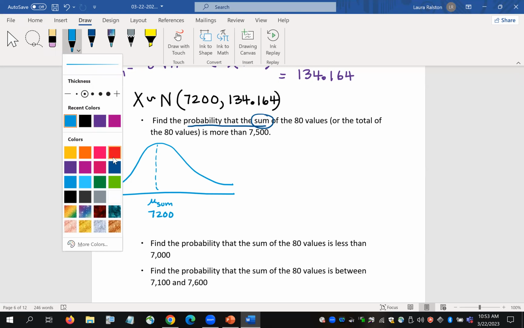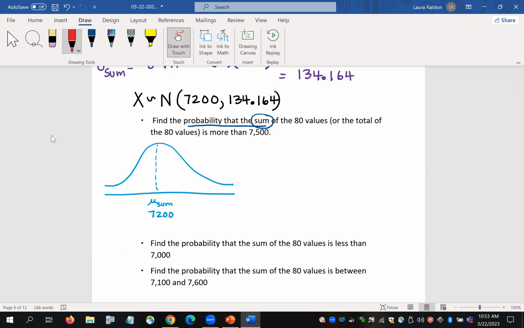I'm asked to find the probability that it's more than 7,500. More than would be the region or the area to the right. So notice, again, I'm out here on the right-hand side at the end of the curve. This would be a right tail.